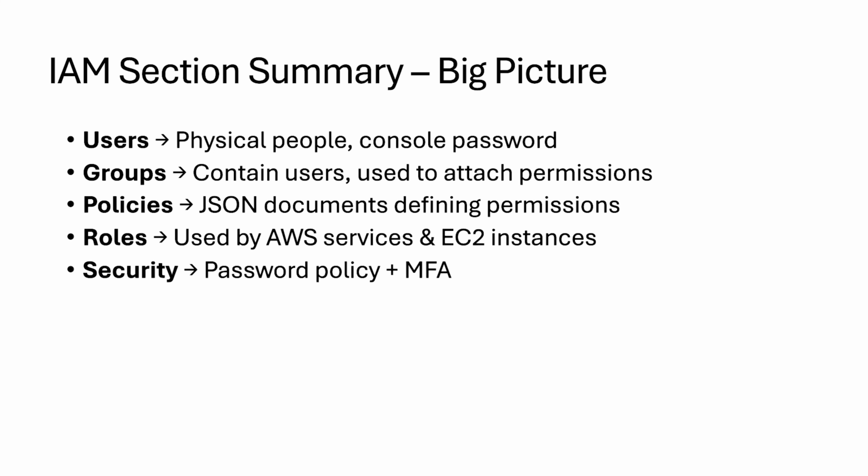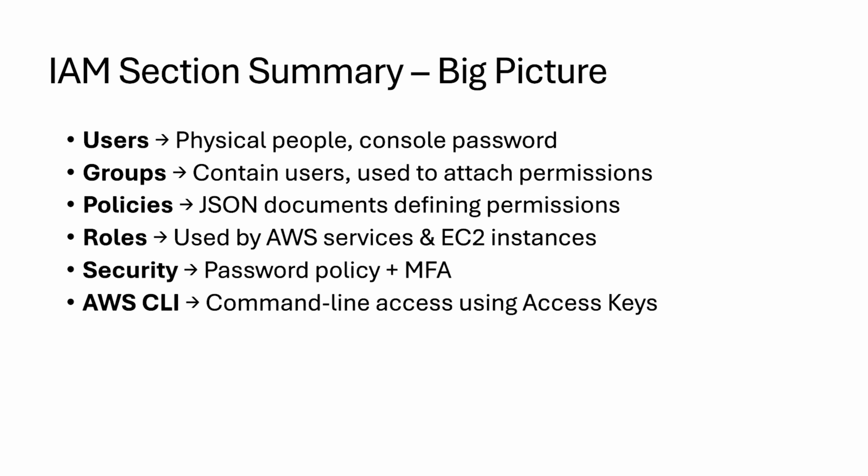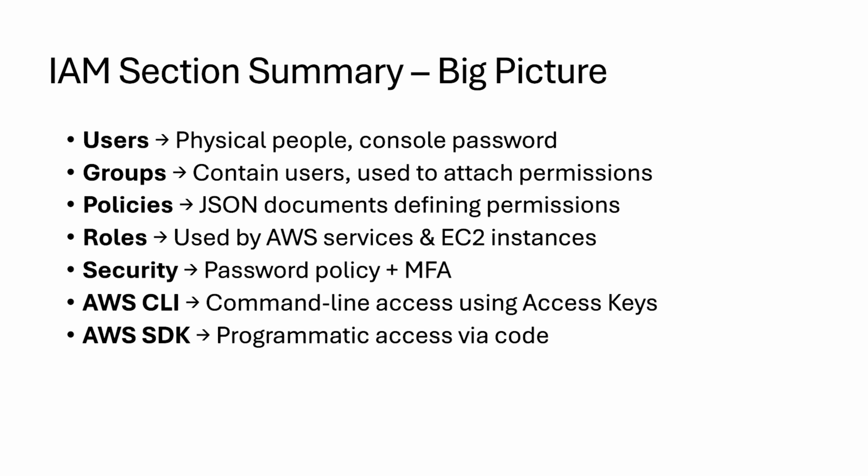From a security standpoint, always enforce strong password policies and also enable MFA, multi-factor authentication. The AWS CLI allows command line access using access keys, and the AWS SDK allows access through code. So if you want to access AWS services through the CLI, use the command line and access keys.